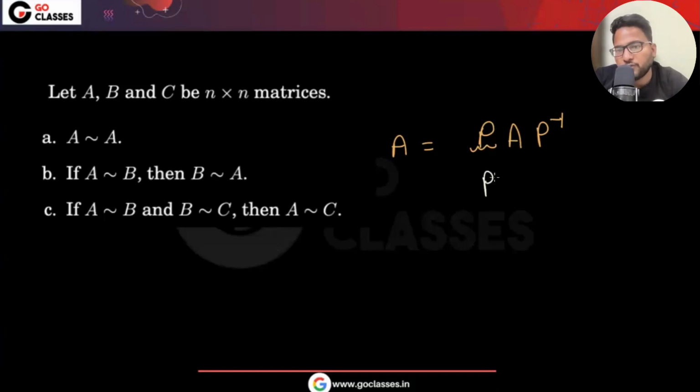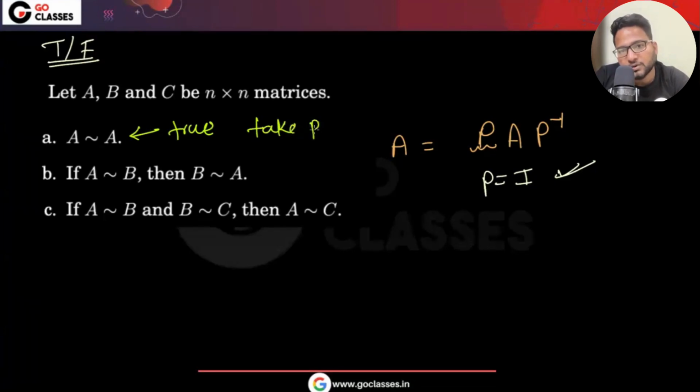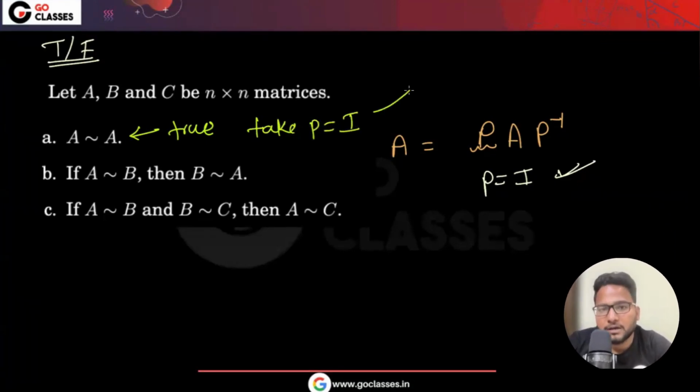Yes. So if you take P equal to the identity matrix, then this relation is satisfied, right? So is this true or false? Tell me. The first one is true, right? This is true because we take P equal to the identity matrix. Here I is the identity matrix. I hope that is fine to everyone.